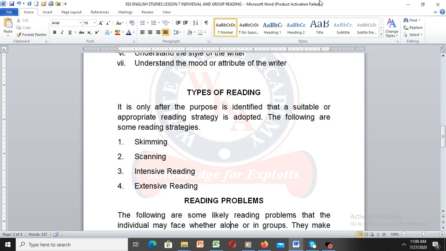The reader. Are you writing? If you are writing, please write. Number 2, I said scanning, right? Good. Go ahead now. You can write. The reader in this activity is on the lookout for a particular information, or items which he is sure to find in the text.